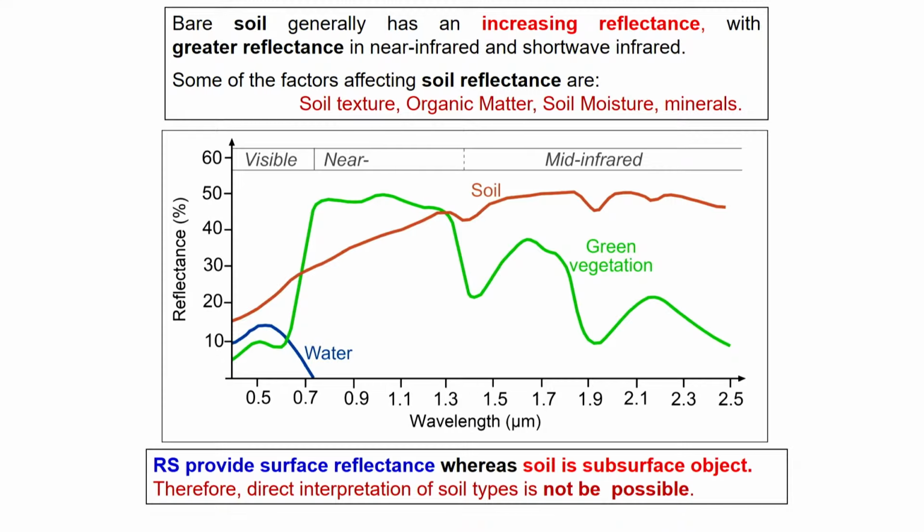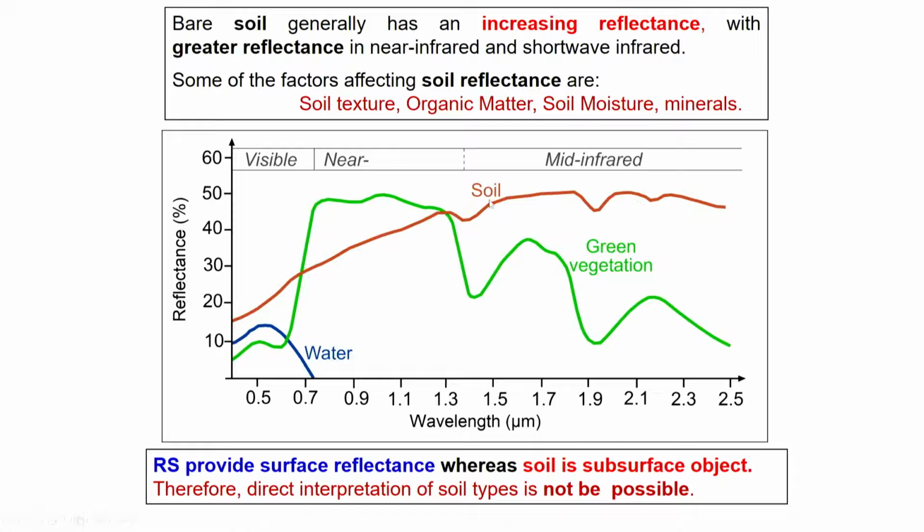In remote sensing, we depend on the spectral characteristics, because in remote sensing we deal with the spectral signature to interpret the object. In vegetation, we get very peculiar spectral characteristics, where in the red wavelength region radiation is absorbed, and in near infrared it is reflected.